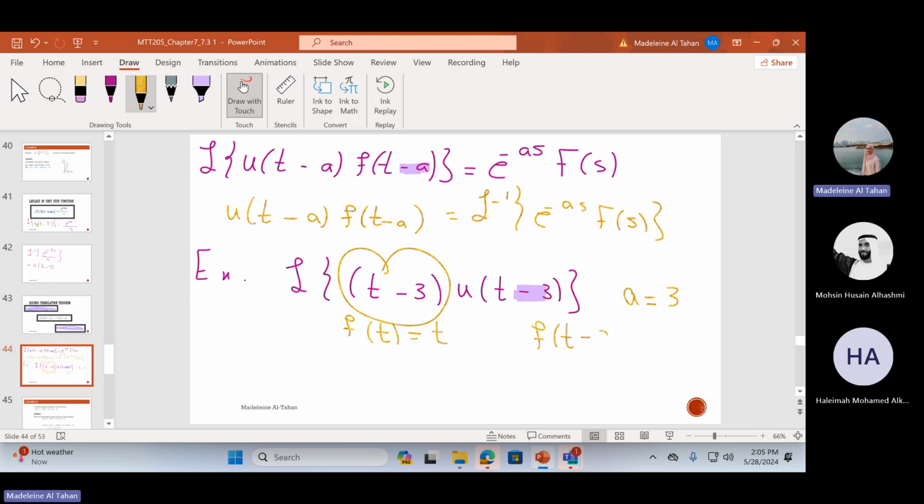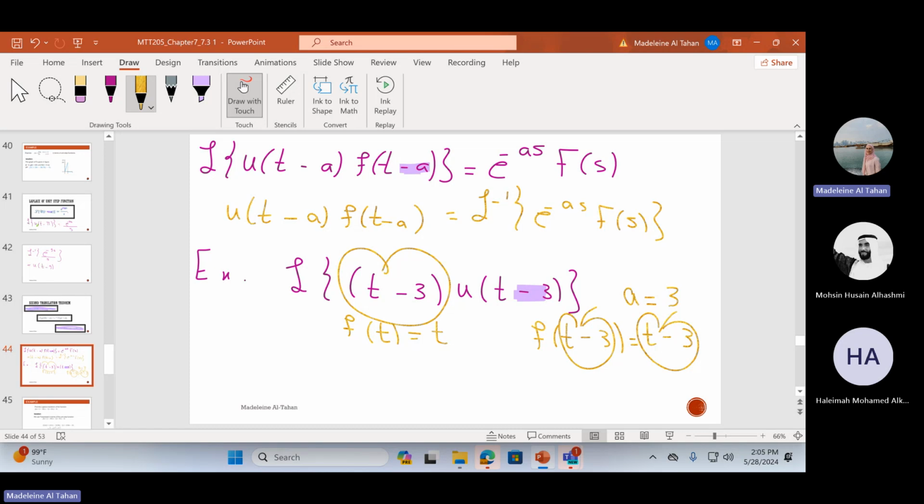If I put t instead of this placeholder, I will get f of t equal to t. Abdelaziz, is it clear? Yeah.